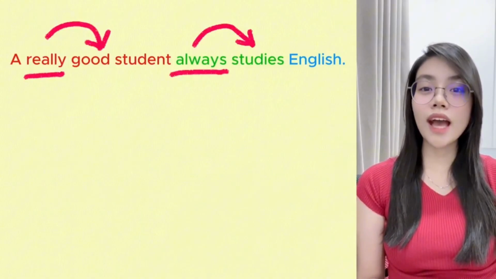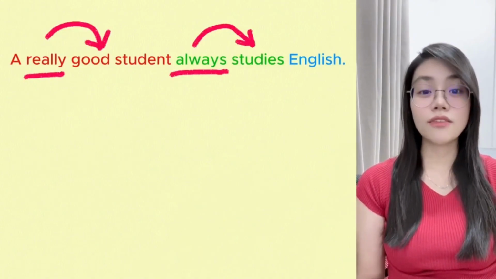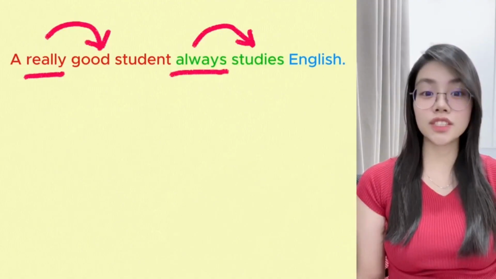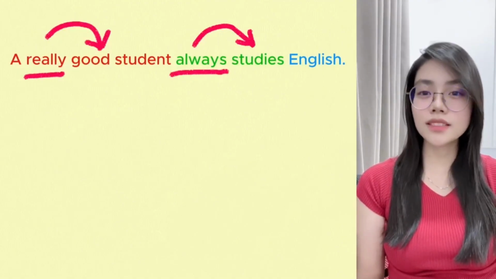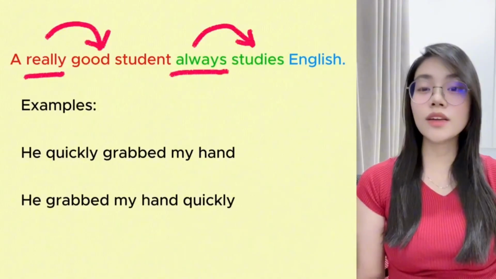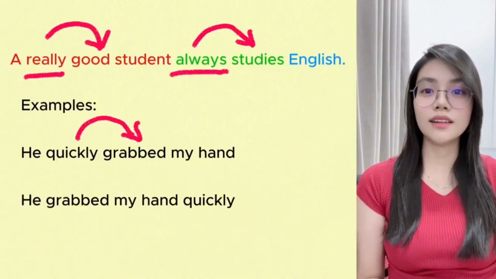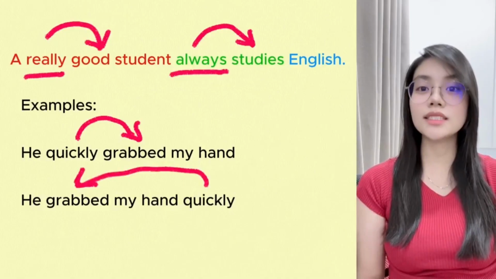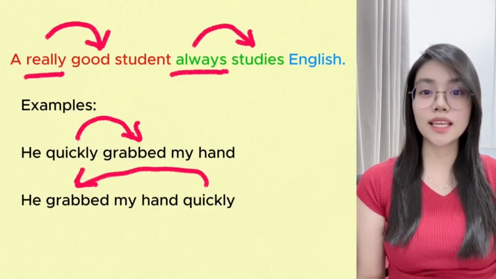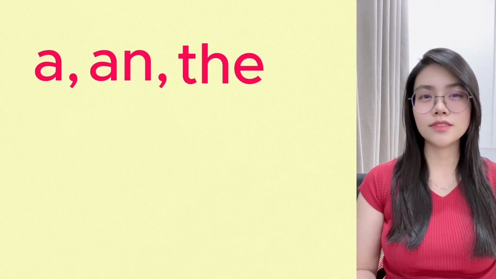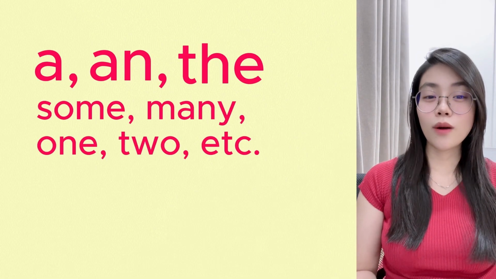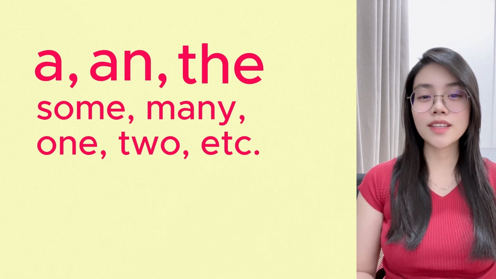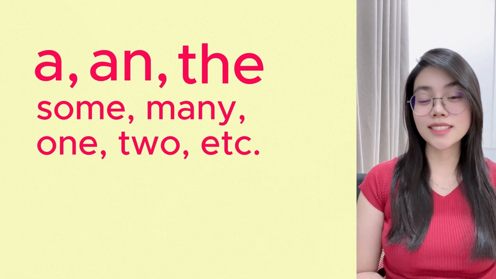However, when an adverb modifies a verb, its position can vary. For example, he quickly grabbed my hand. He grabbed my hand quickly. Both sentences have the same meaning. Now, you might often see words like a, the, some, many, one, two, three, and etc. in an English sentence.